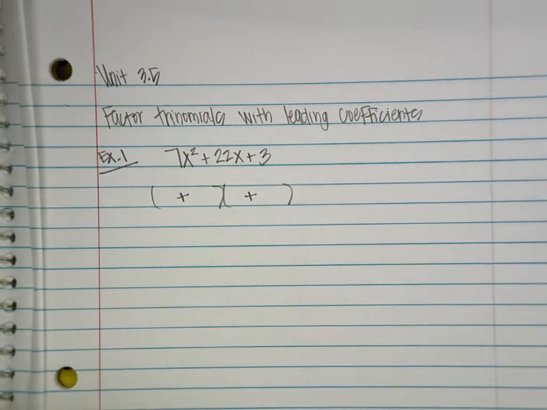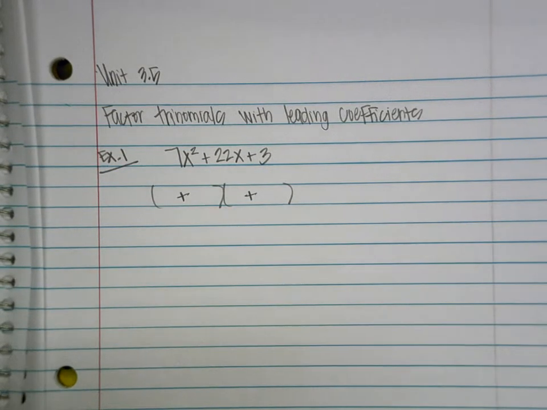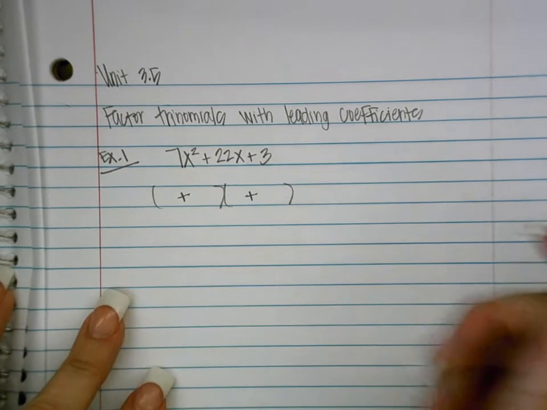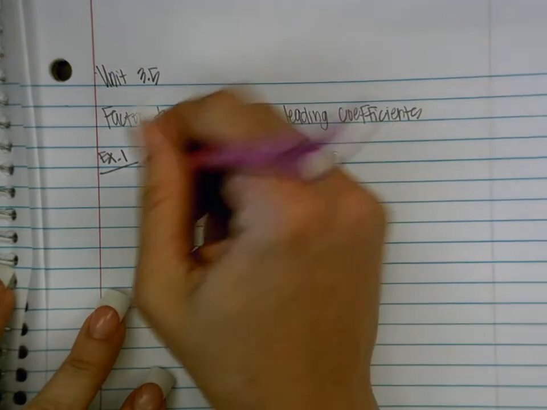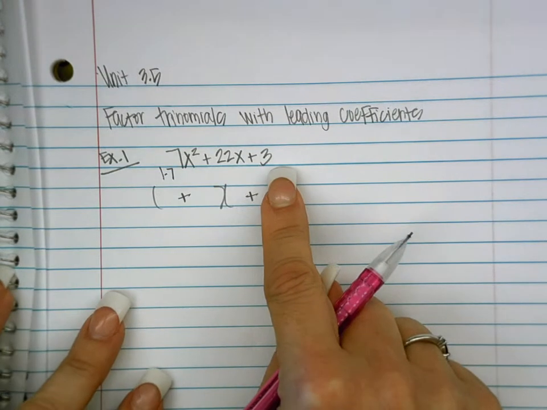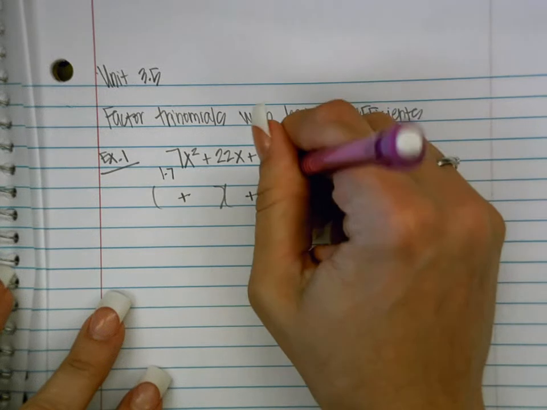The problem with this is there's numbers in front and numbers in back. So you have to make a list of what could multiply to give you 7. Has to be 1 and 7, right? And you also have to make a list of what's in the back. What multiplies to give you 3? 1 and 3.